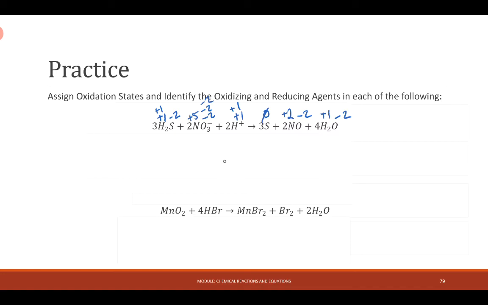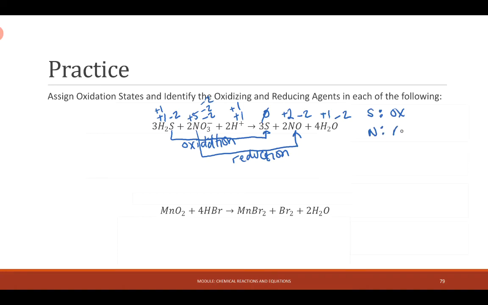So now we have to look to see what's changed. I can see that sulfur has changed from being a 2- to a 0. That's becoming more positive, which is oxidation. Nitrogen is becoming lower, so the nitrogen is getting reduced. So sulfur is oxidized.